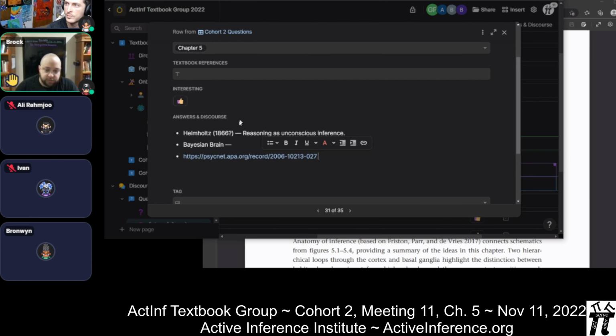I was just going to ask, I guess, where mental action fits into this, on policy selection or habits or goals.